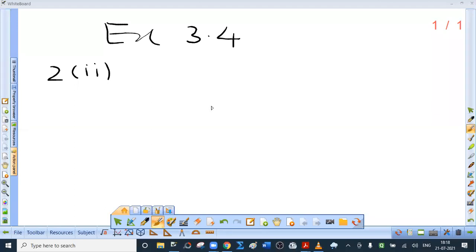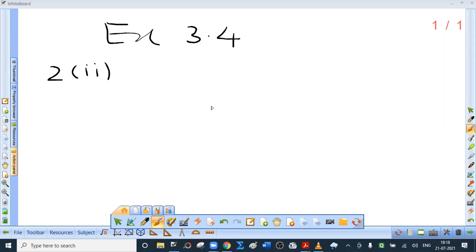Now, exercise 3.4, second question, second part. We begin with LHS, or can we begin with RHS? That is also possible. Let me read the sum. I hope in the textbook they have given the same.